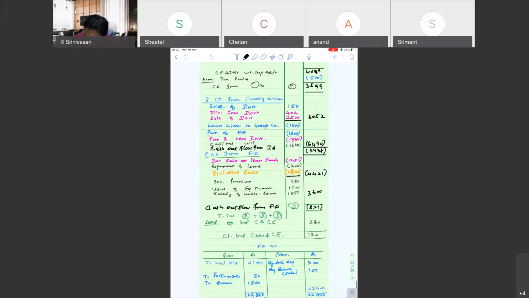Okay. Interest paid on debentures, repayment of loan, dividend paid, securities premium, issue of equity shares, raising of funds. Okay. 1,421 plus 200 plus 2,800 is 4,421 minus 3,600 is 821. That is right.